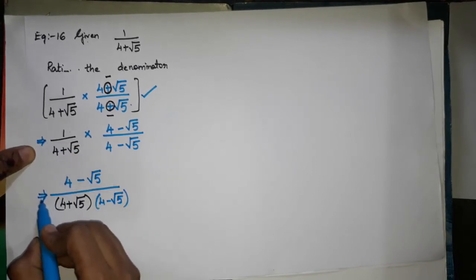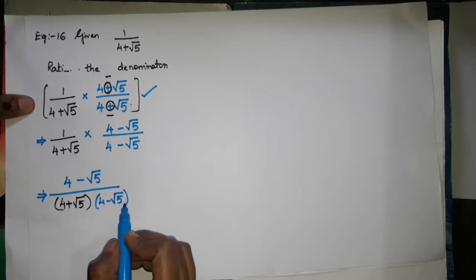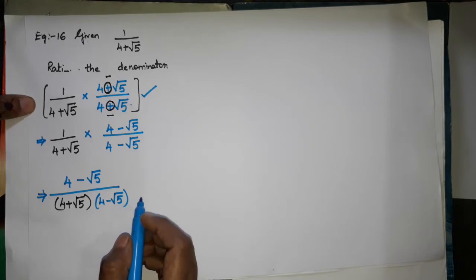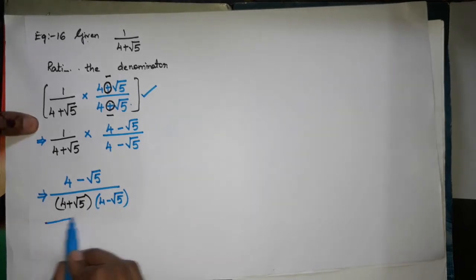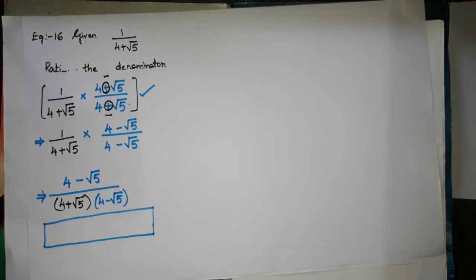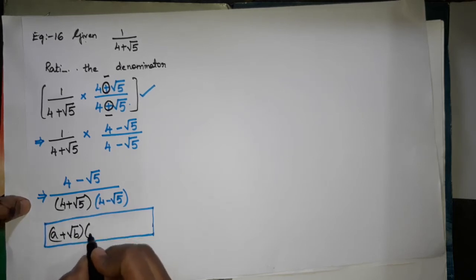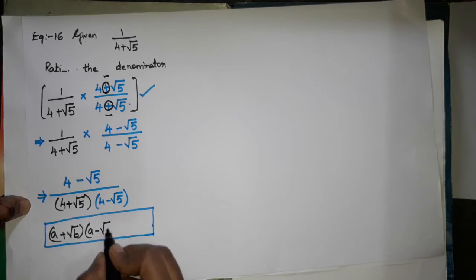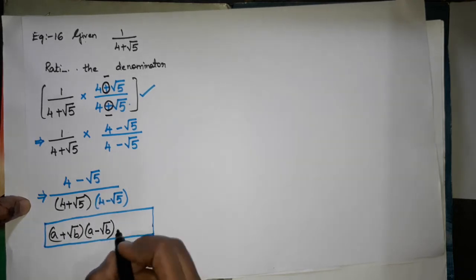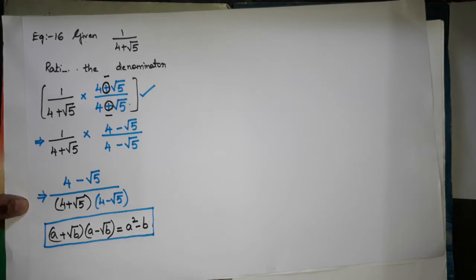Now the second step. Can you say which formula it is? 4 plus root 5, 4 minus root 5. In the last class we took formulas, right? This formula is related to this one. See here, a plus root b into a minus root b. What is your answer? a square minus b is your answer, children.